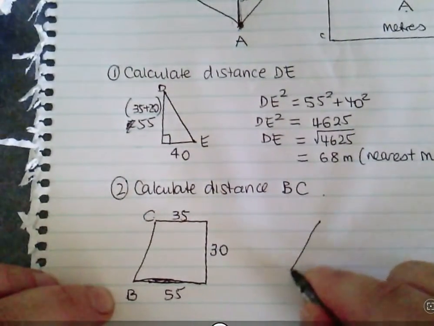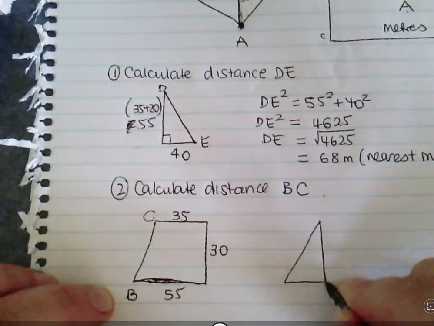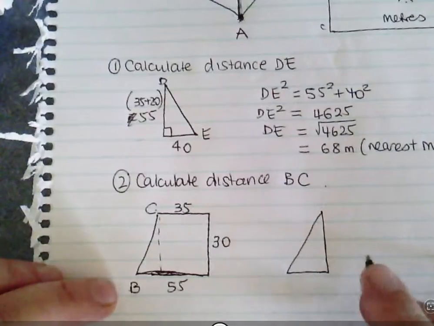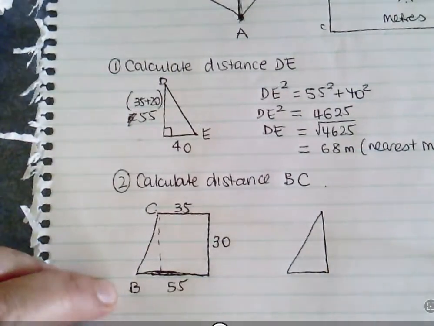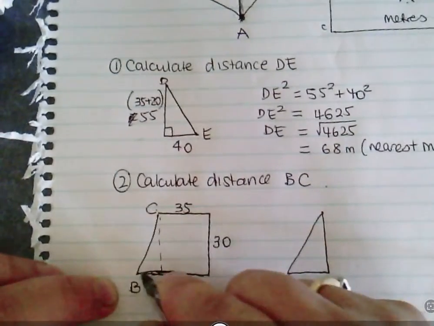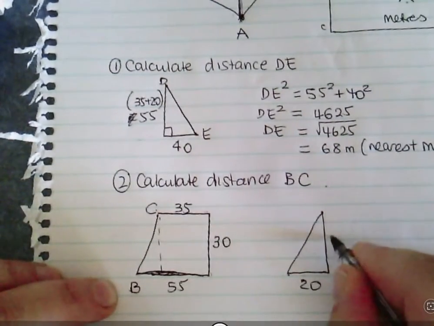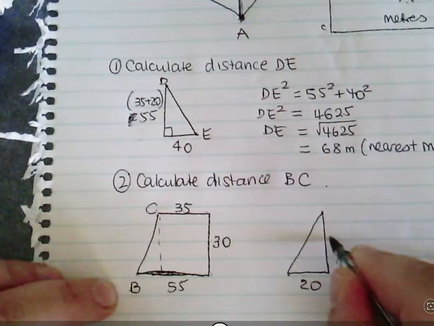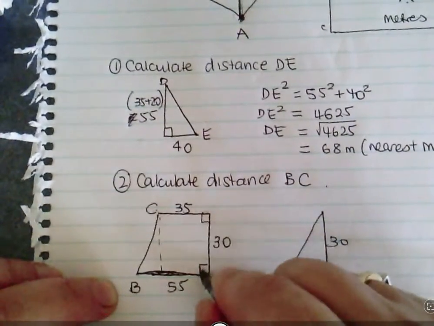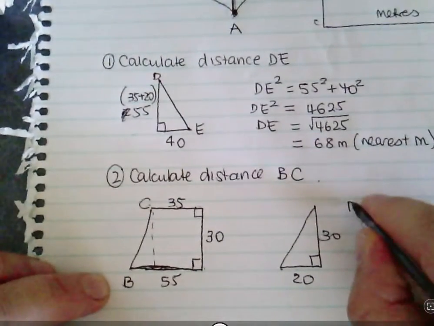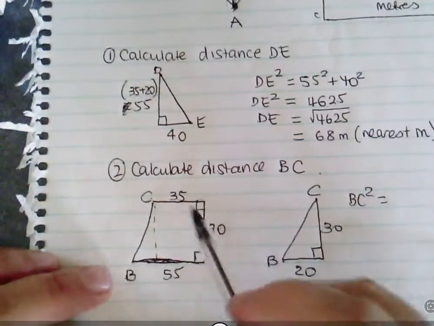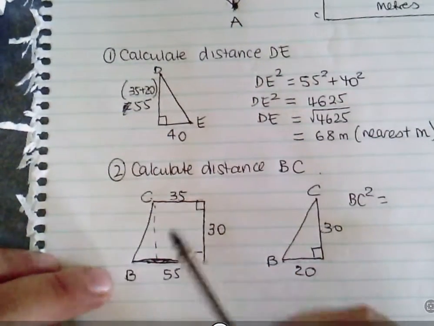But if I want to work out BC, I need a right angle triangle to do that. So what dimensions should I put on this right angle triangle? Yeah, this bit down here is 20 because that's 55 and that's 35. What is this length here? 30. Right angle, I've got right angles here. So therefore, BC squared. So I've taken this whole trapezium.